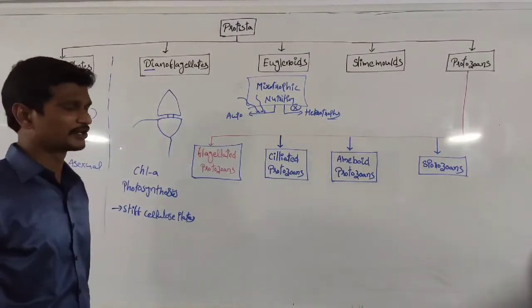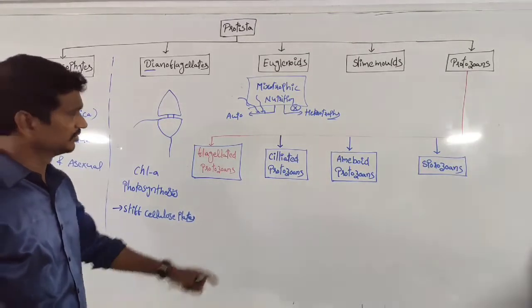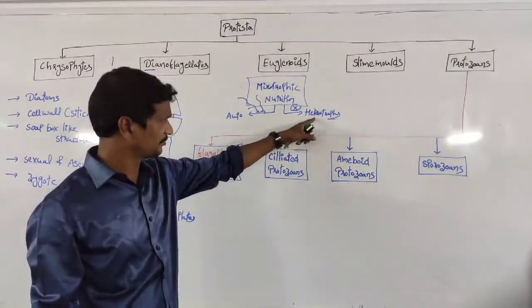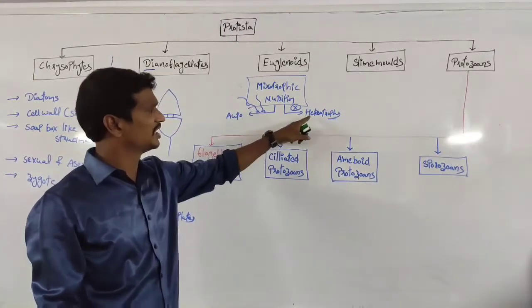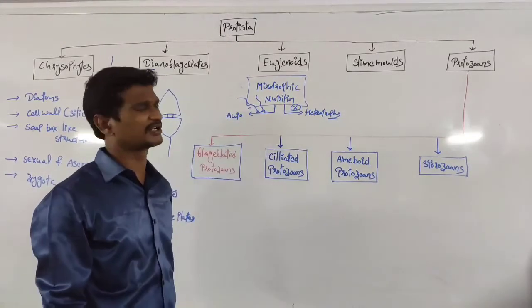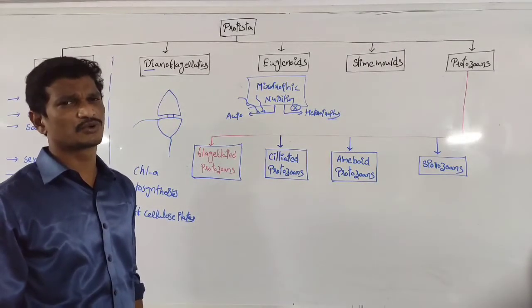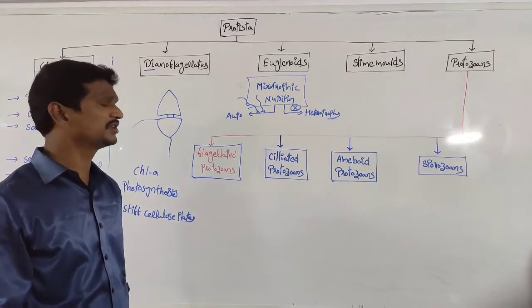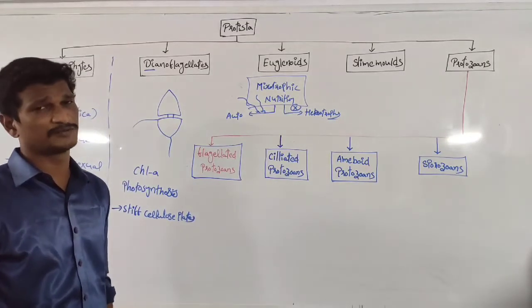So these are heterotrophic organisms here and autotrophic organisms there. Presence of light, autotrophic; absence of light, heterotrophic. Both are exhibited. That's the reason they are called mixotrophic. Mixotrophic nutrition or mixotrophic organisms. The best example is the euglenoid.